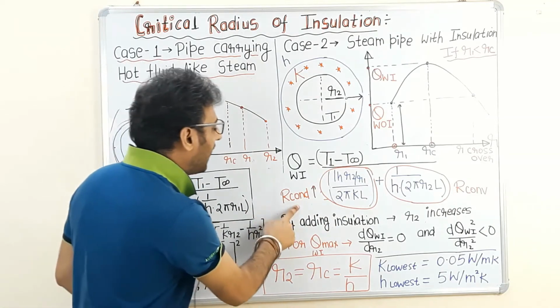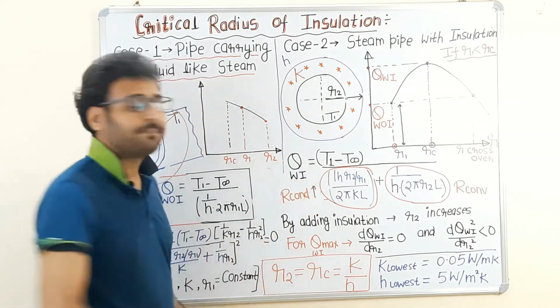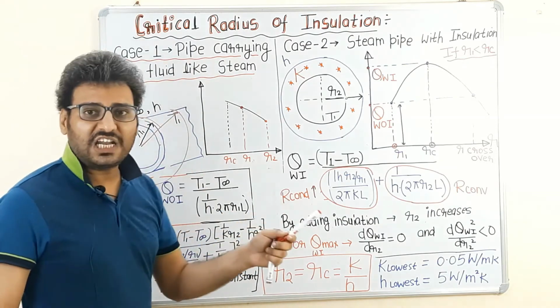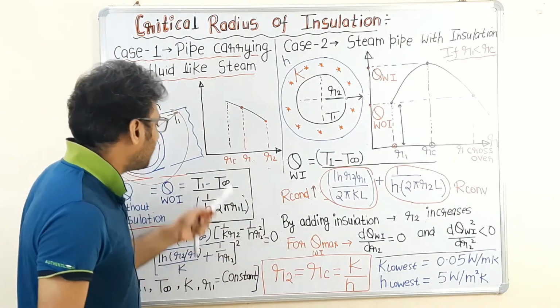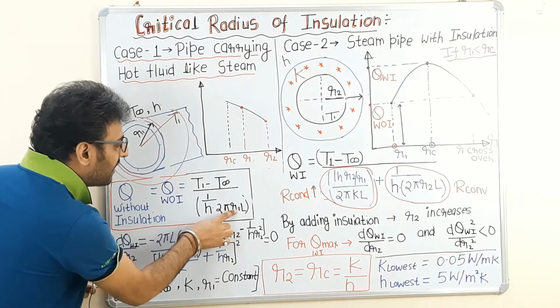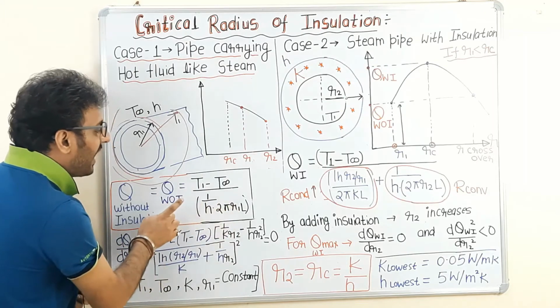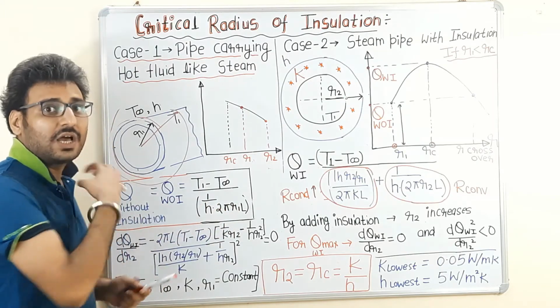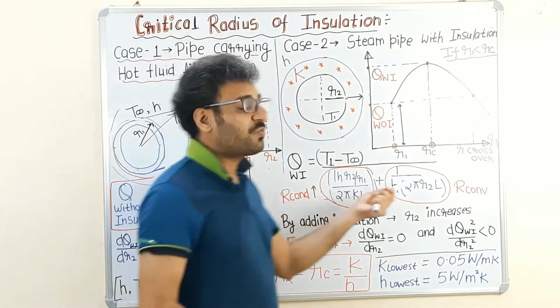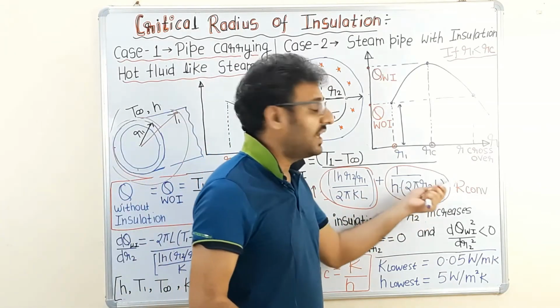It means R conductive is increased, and as we already know, the convective resistance depends on the radius. So when R increases, convective resistance decreases. It means heat transfer rate by convection increases.